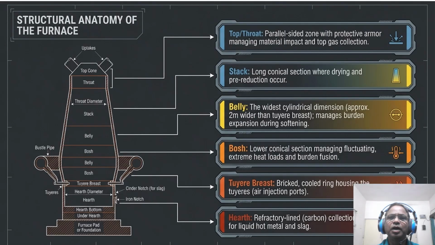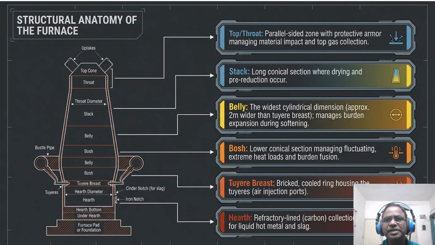Now coming to our next slide, which is about the structural anatomy of the furnace. As you can see, the physical shell is designed to manage this exchange, from the parallel side throat for impact management to the conical Bosh that handles burden fusion and extreme heat.